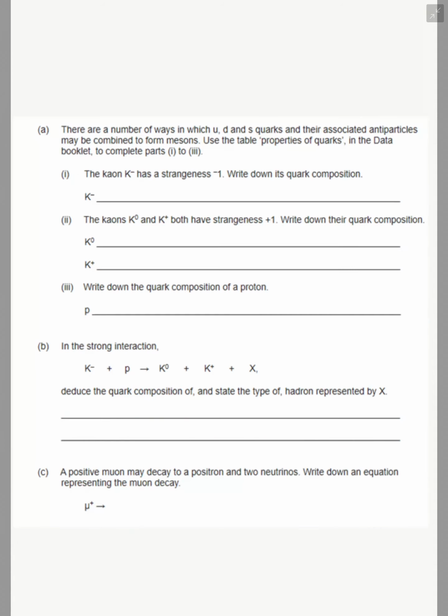Okay, so K negative has a strangeness of -1. Now, if you remember, it's -1, which means it's an S particle, okay? So write down its quark composition. Now, kaons always have a strange particle in them anyway, whether it's strange or anti-strange. So if this is going to be -1, you know it's got to have an S in it. And then for it to conserve the charge, it has to be an anti-up, okay?